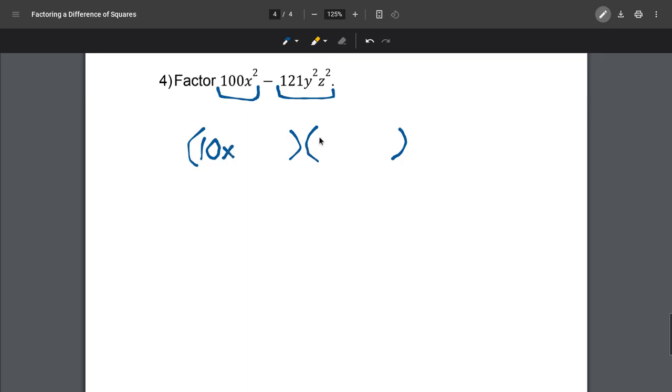So a 10x here and a 10x here, plus here, a minus here, and then we'll take the square root of 121y squared z squared, which is going to be 11yz. Should have made a little bit more room. So I'll have plus 11yz and minus 11yz. Okay, and that's all there is to it.